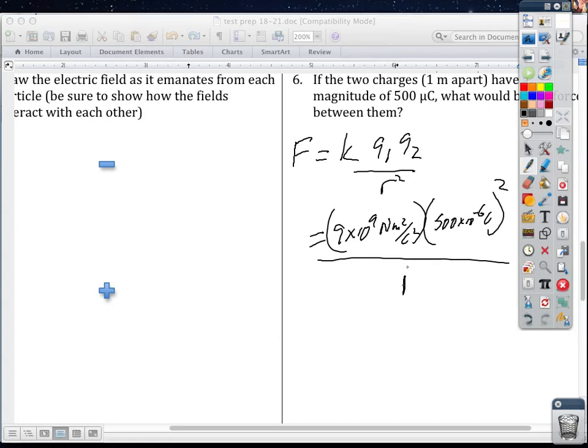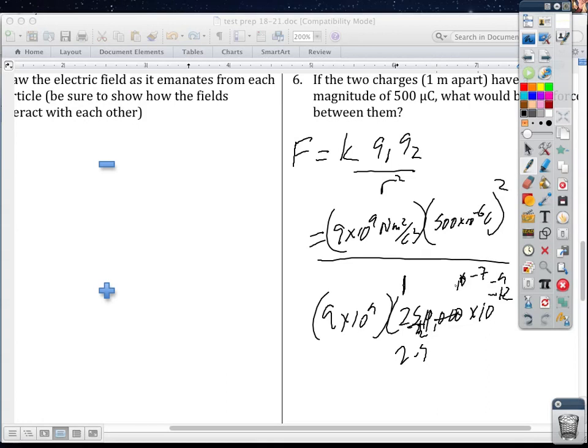So this is 9 times 10 to the 9th, and that becomes 250,000, sorry. That's really big. Times 10 to the minus 12. And so if I get rid of this, that becomes minus 9. So it's 2.5 times 10 to the minus 7.